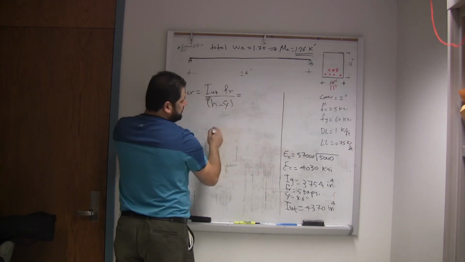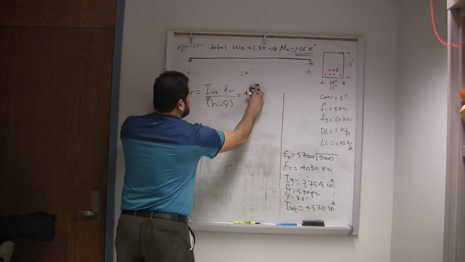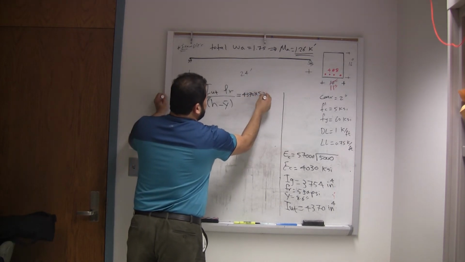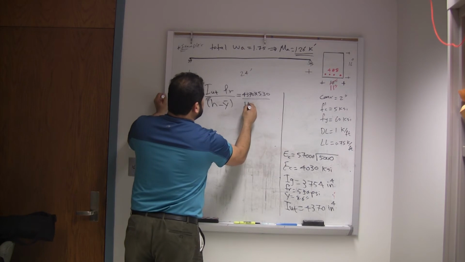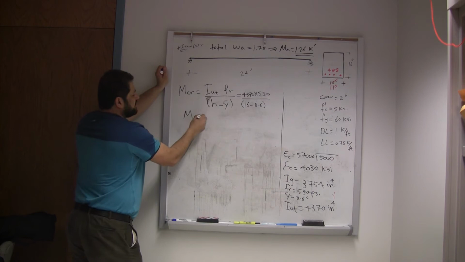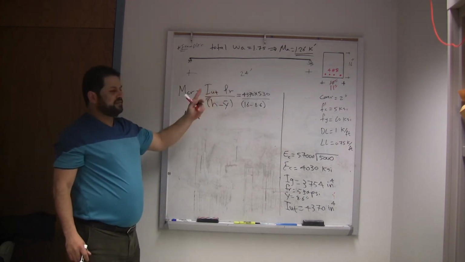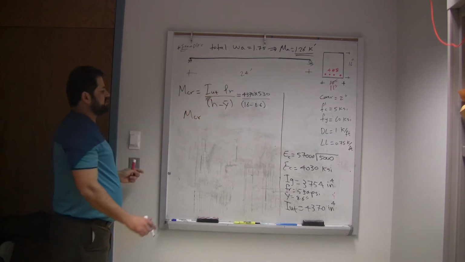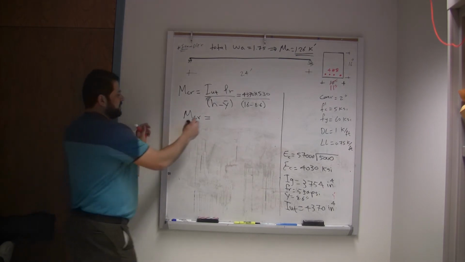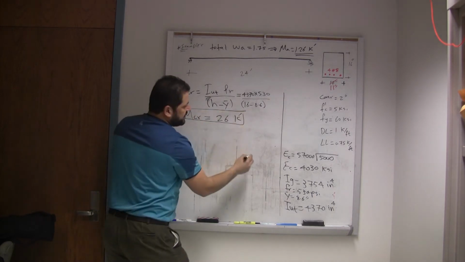So that's 43,370 times 530 divided by (16 minus 8.6). Because this is in psi and this is in inches, you divide by 12,000 to get it in kip-foot. You expect a small number: 26.08. 26 kip-foot. That's our M cracking.